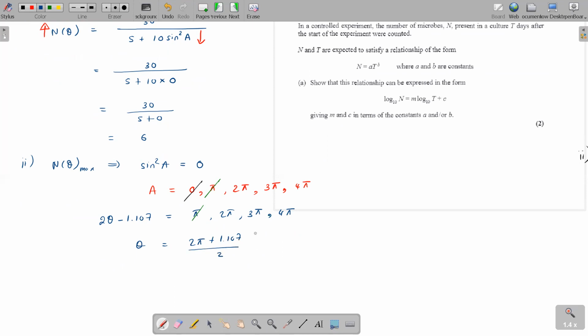So tell me, what's the biggest value you could get inside the range? What is the answer here? 2 pi plus 1.107 gives 3.695. Now, your theta is between 0 and 2 pi.